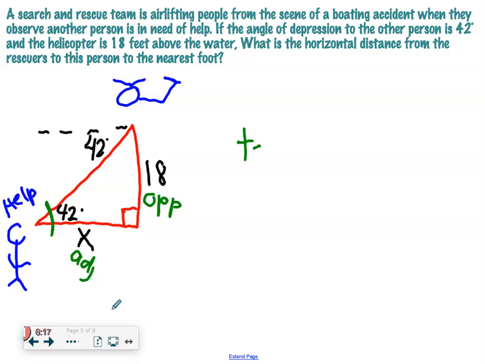So tan of 42 equals what? 18 over x. Yes, the x is in the denominator, so how do I get rid of it? Multiply by x.